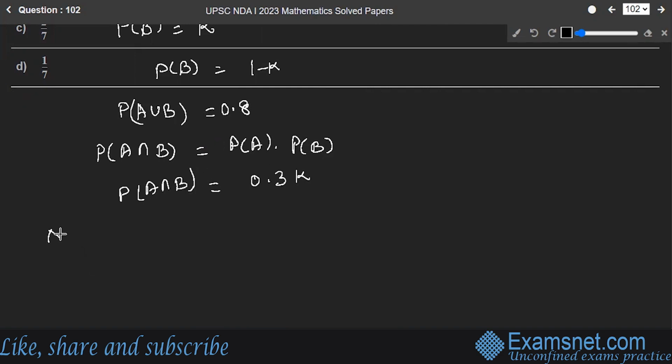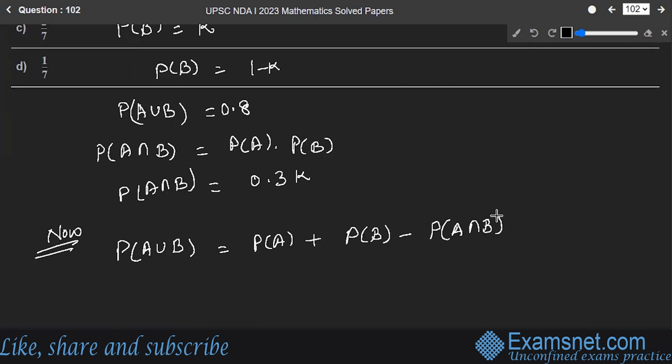Right? Now, the probability of A union B is equal to the probability of A plus P(B) minus P(A intersection B).